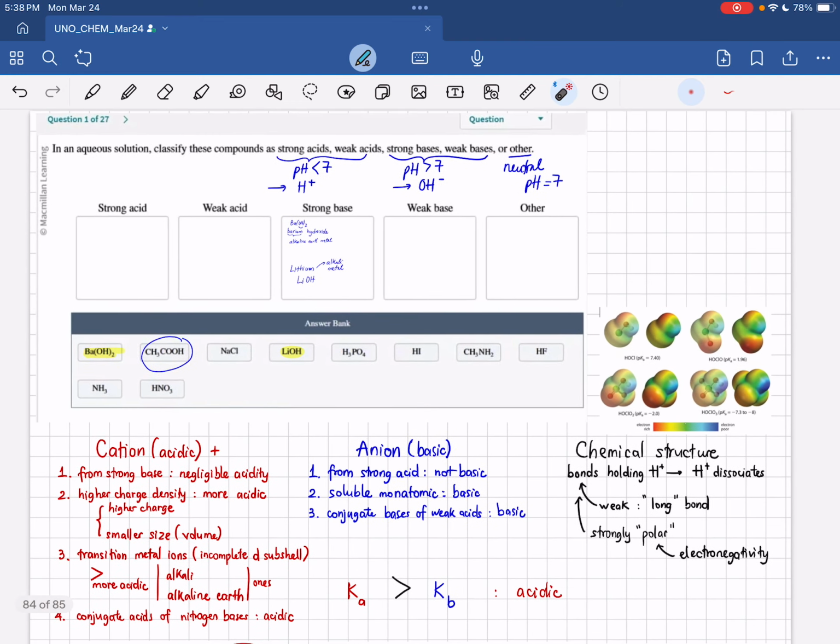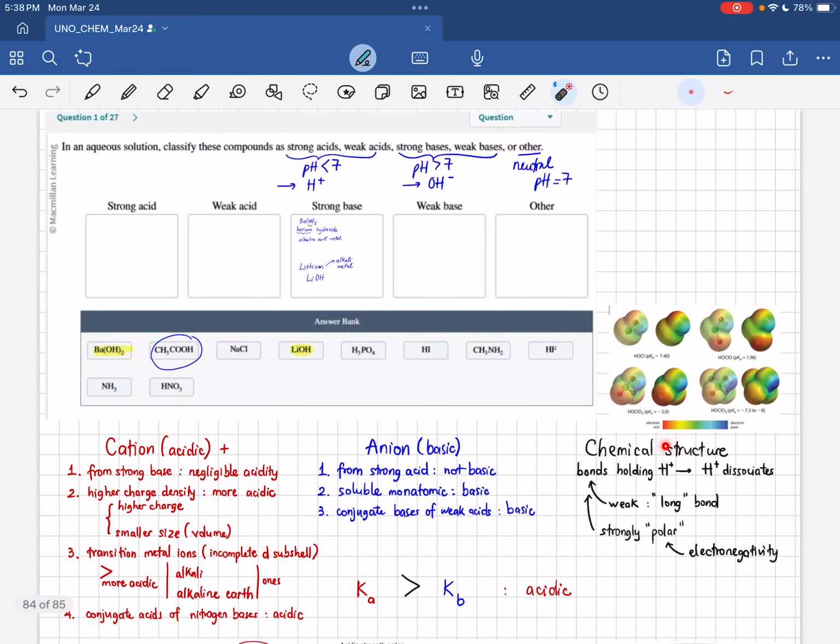So if you have a look at this really quickly, this is just a summary of how you can identify if a substance has more acidity or more basicity, depending on its chemical structure.